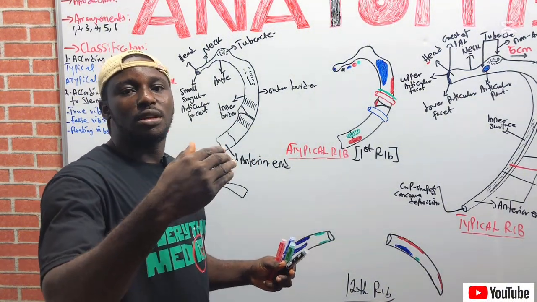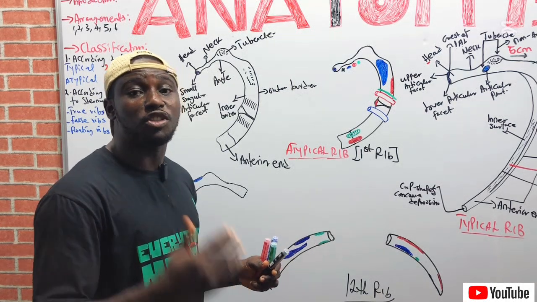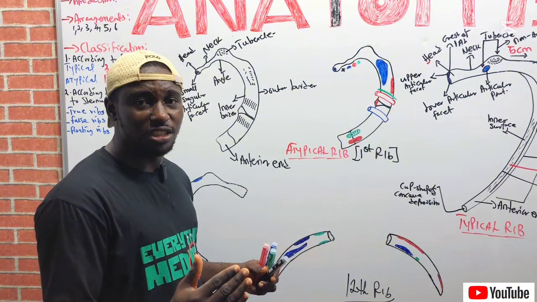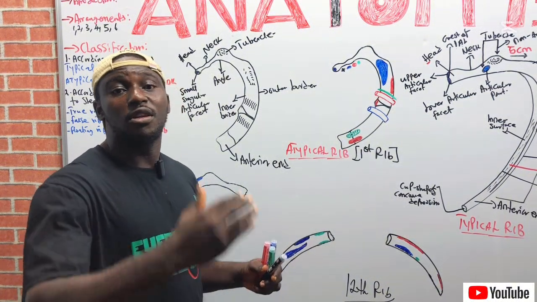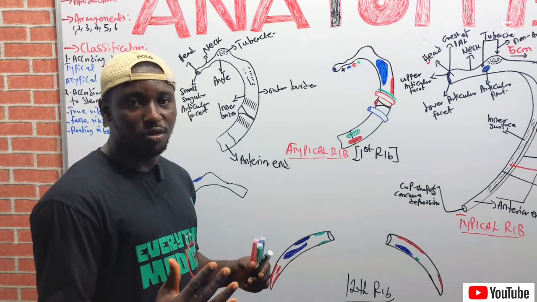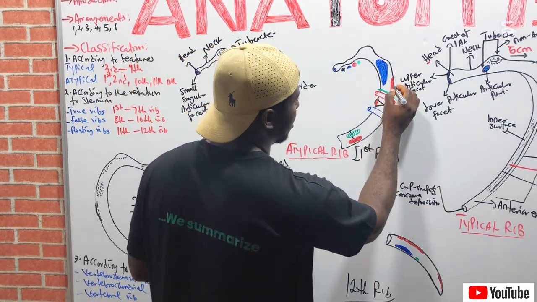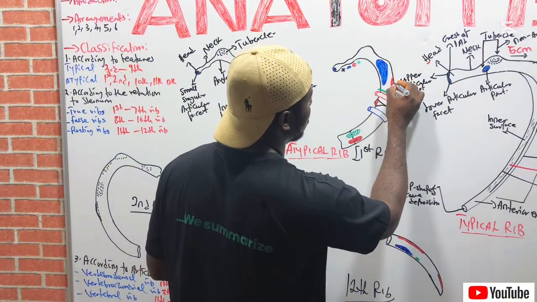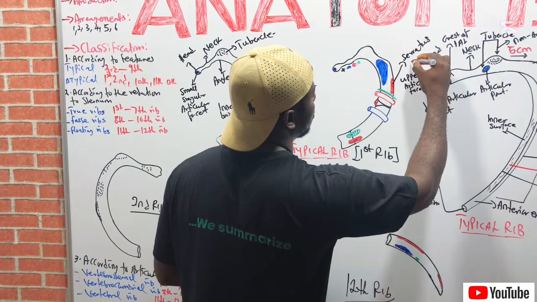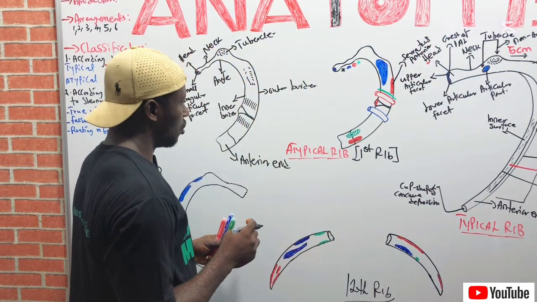And it provides the origin of the first digitation of the serratus anterior muscle near the groove of the subclavian artery. So this is that muscle, the first digitation of serratus anterior muscle.